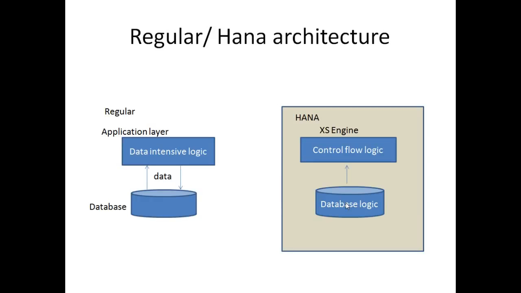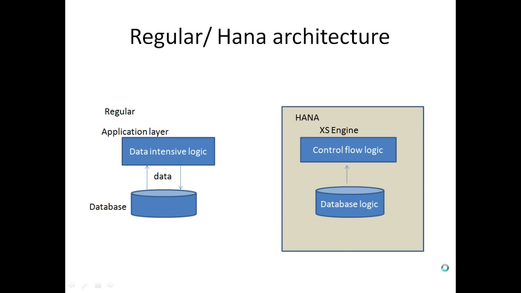What I really mean is that the application server in HANA knows the HANA database and the data types so well that it communicates better than if you have a regular database with an application layer bolted on top of it. So that's the main advantage of HANA. The application server of HANA, which is the XS application server, communicates better with the database.